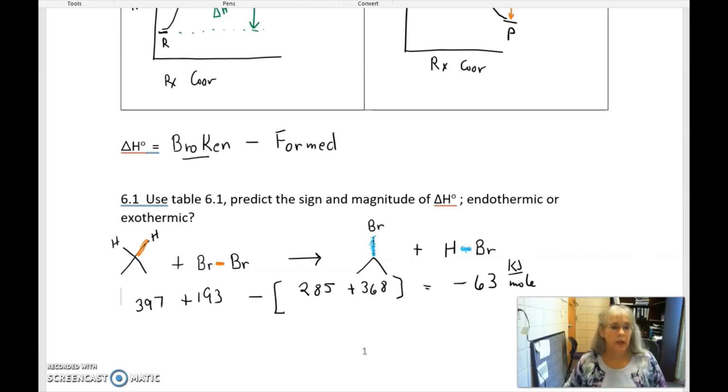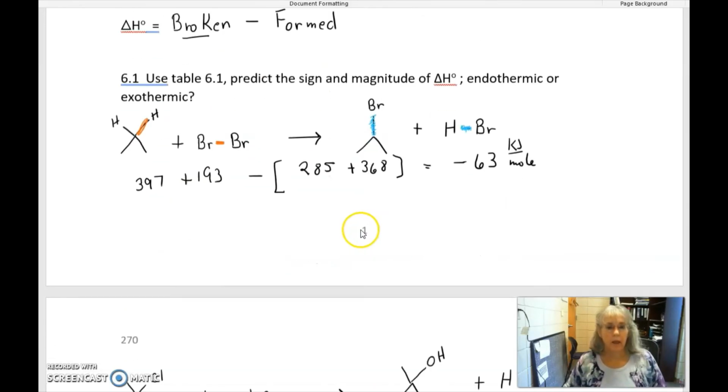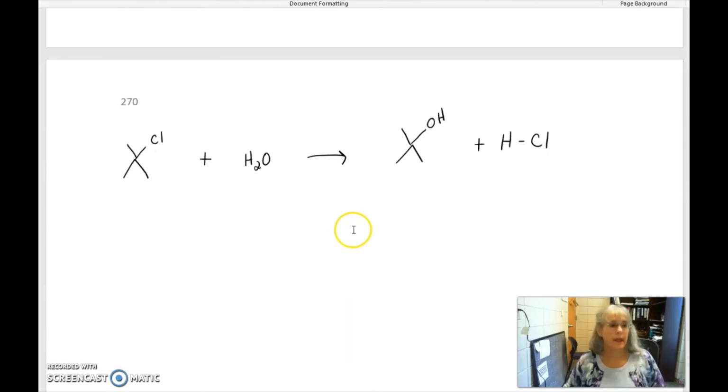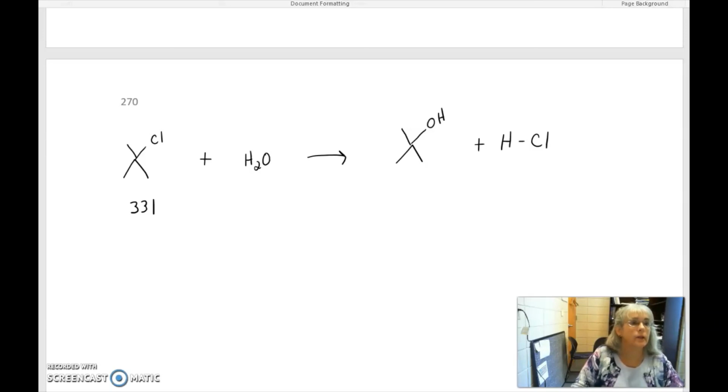Okay, now let's look at another one. This would be a good idea for you to stop the tape right here and make sure you're getting the right numbers. Okay, so this is a carbon. It's attached to three carbons and a chlorine. So the number for this is 331. Oh, I'm sorry. I didn't mark which bonds were broken. So let's do that.